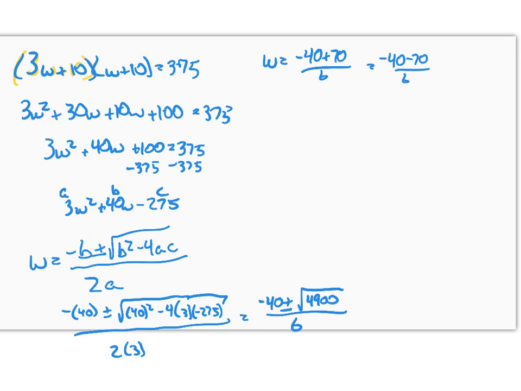So negative 40 plus 70 is 30 over 6, which gives us 5. But remember, when we're dealing with roots, we have two possible answers. So negative 40 minus 70 is negative 110 over 6.